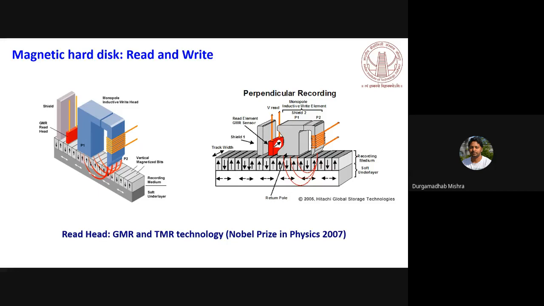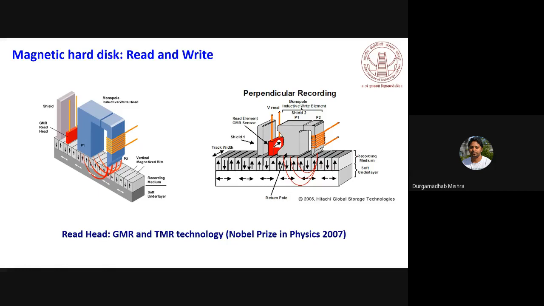Reading has improved quite a lot. Writing is based on the electromagnetic principle, but reading is based on a principle known as GMR and TMR, giant magnetoresistance and tunneling magnetoresistance, which was awarded a Nobel Prize in 2007.